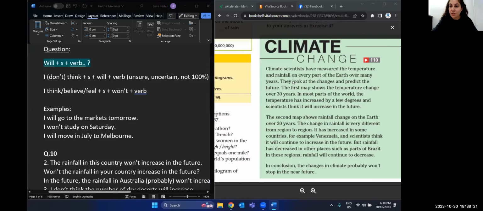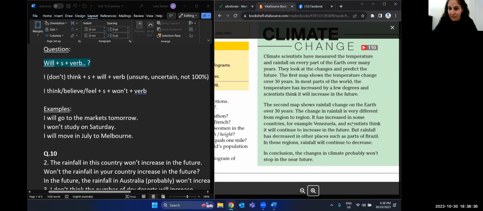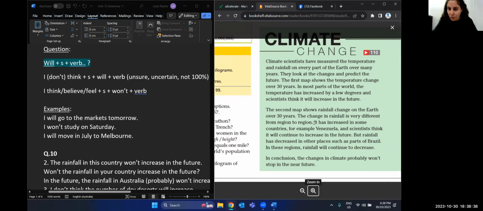Okay, so the first will was in the last sentence of the first paragraph. It says scientists think it will increase in the future. And then we have another sentence here.